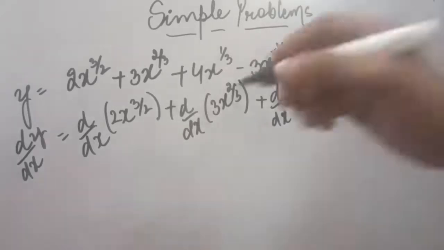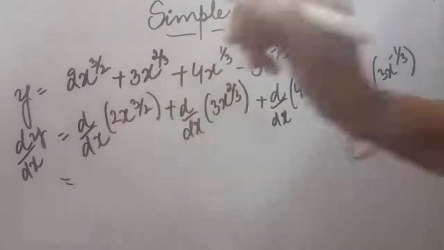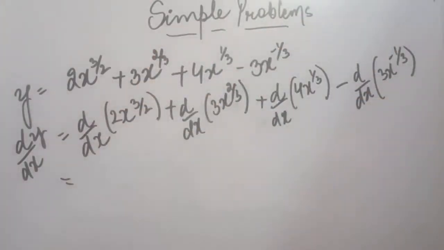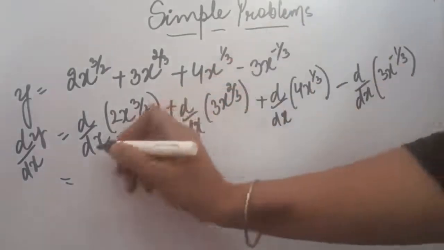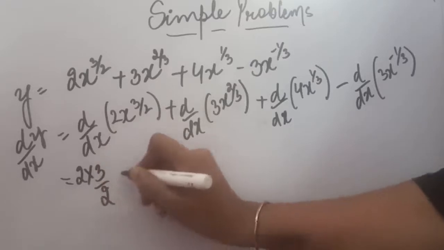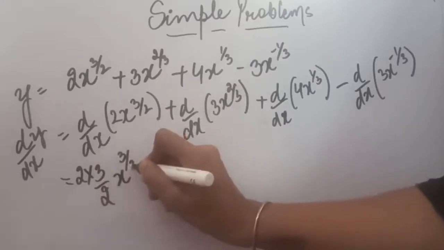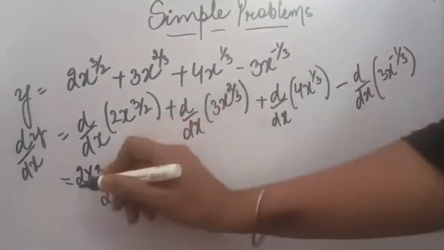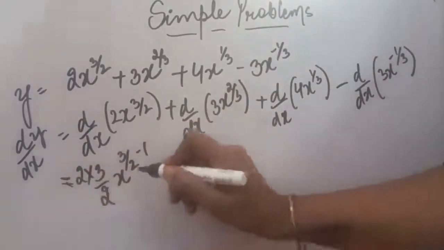Now taking individually the derivative, the power comes forward, so 3 by 2 will come forward multiplied by 2, and x power is 3 by 2 minus 1. I am showing you the detail, and we can just write the direct answer also.